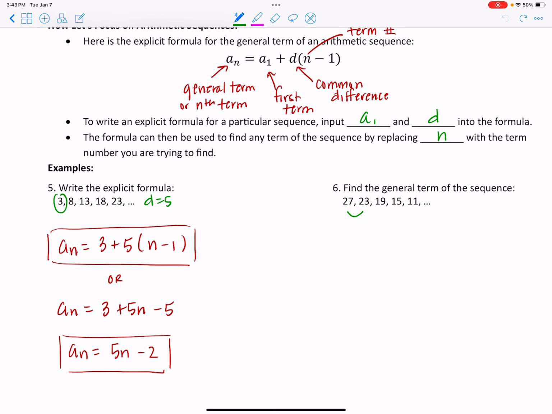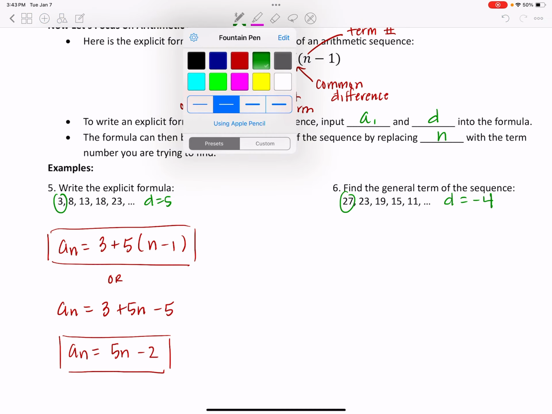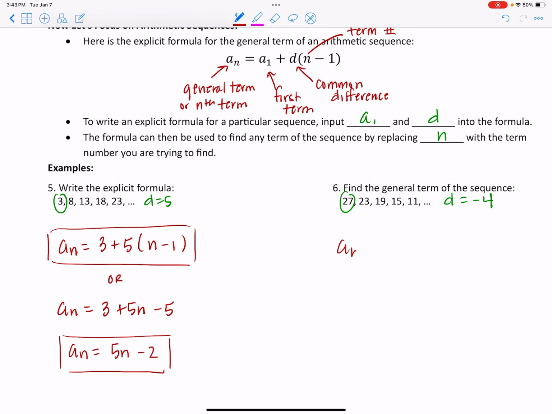So our first term is 27, and our common difference is negative 4. So the general term here is going to be our first term plus our common difference, so minus 4 times n minus 1. Again, a perfectly acceptable version of the formula for the general term.